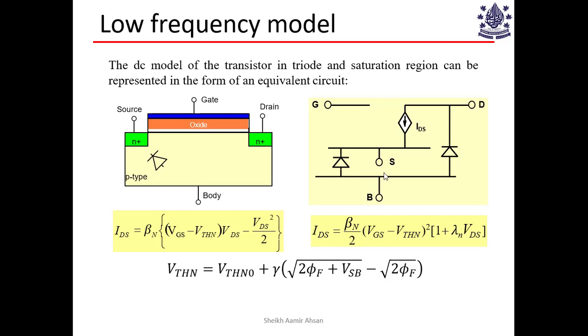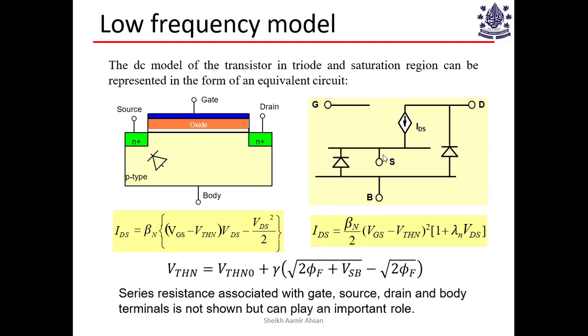If VSB is greater than 0, then VTHN is greater than VTHN naught, and therefore this quantity will change, and therefore the current will be a function of VSB. So this IDS is not only a function of VGS or VDS, it is also a function of VSB, making it the overall voltage dependent current source. So this represents the typical low frequency MOSFET model.